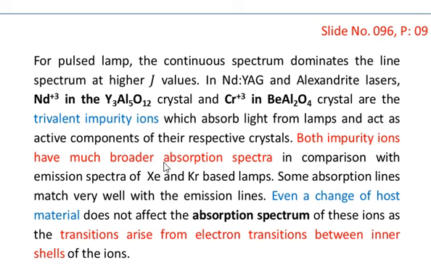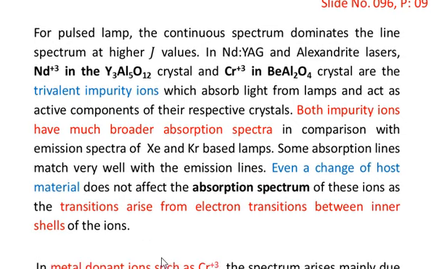Both impurity ions have a much broader absorption spectra in comparison with the emission spectra of the xenon and krypton based lamps. Some absorption lines match very well with the emission lines. Even a change of host materials does not affect the absorption spectrum of these ions, as the transition arises from the electron transitions between inner shells of the ions.